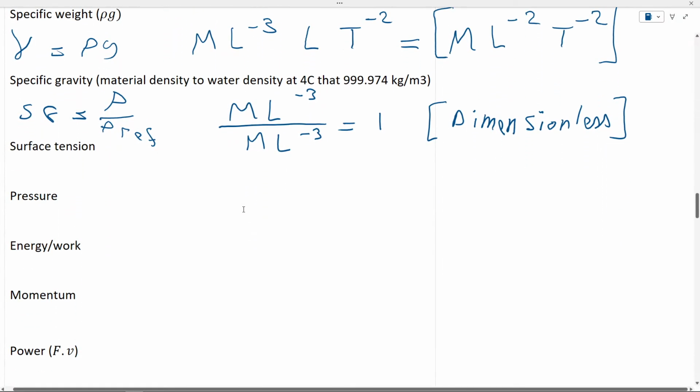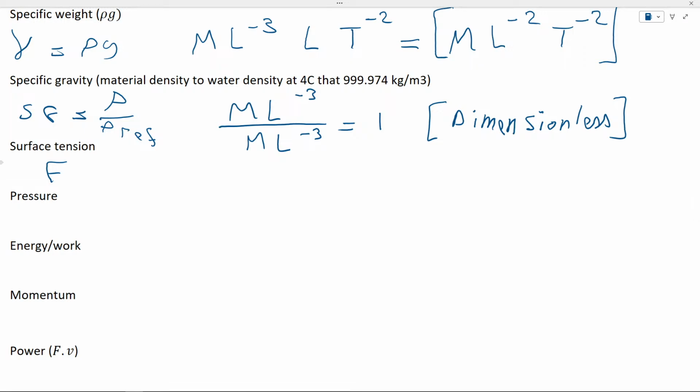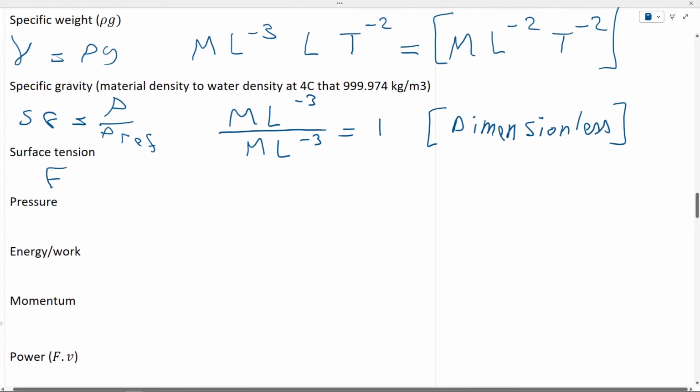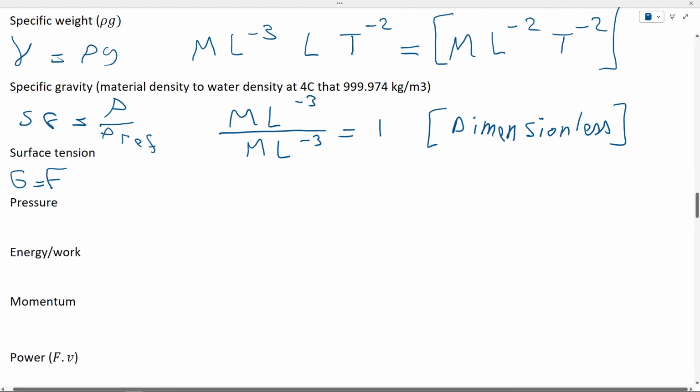Surface tension. You remember surface tension? Surface tension is force over length. So what is force?